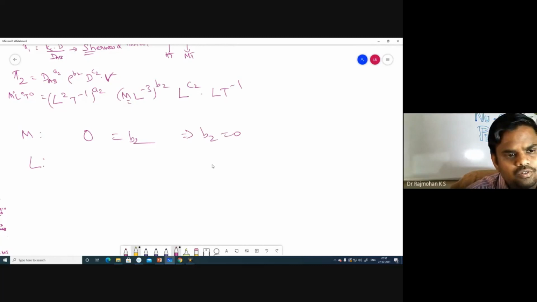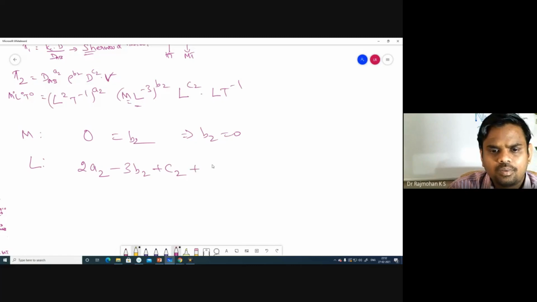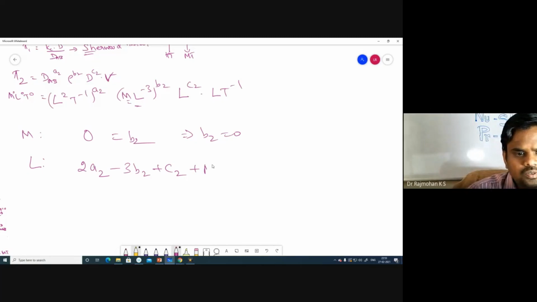Equating the exponents of dimension L, we have 2a2 minus 3b2 plus c2 plus 1. Yes, it is L power 1, right? Is equal to 0. Okay, so b is already 0.